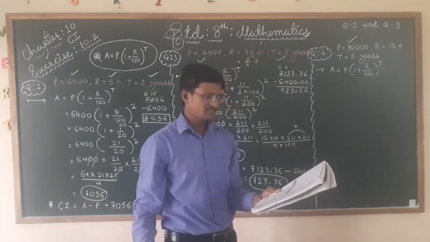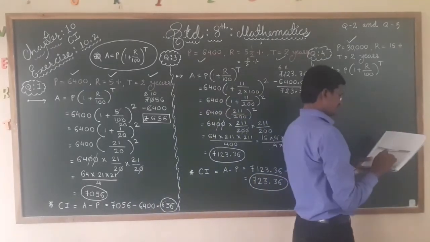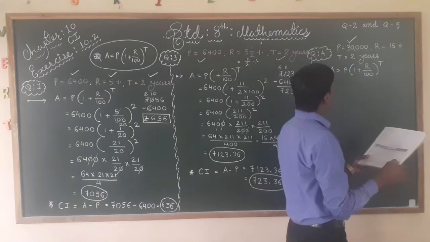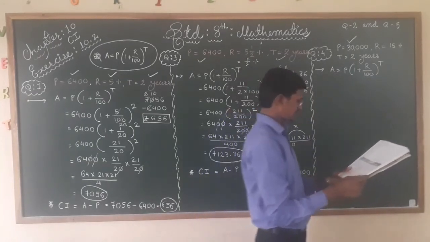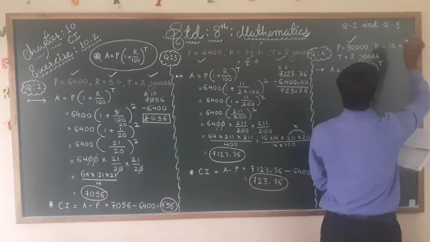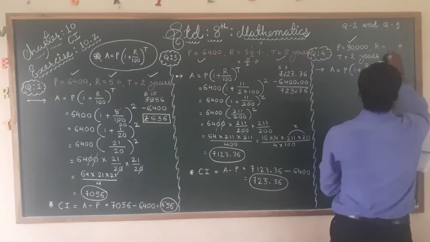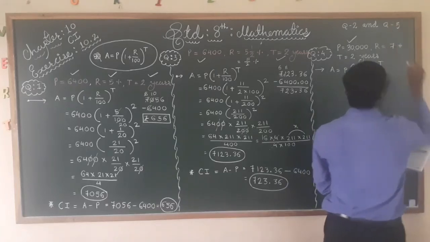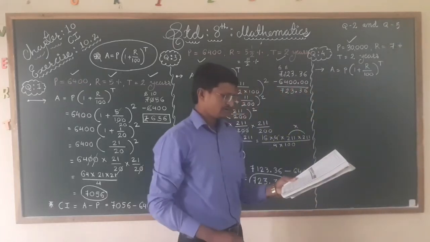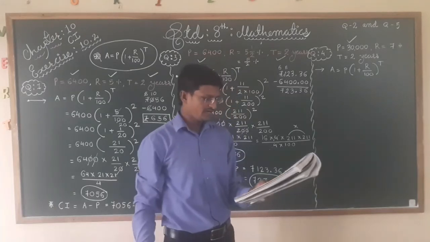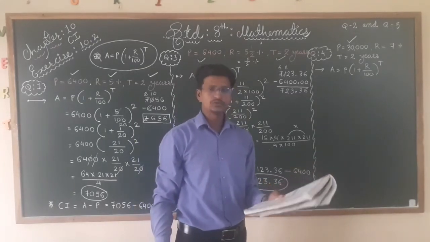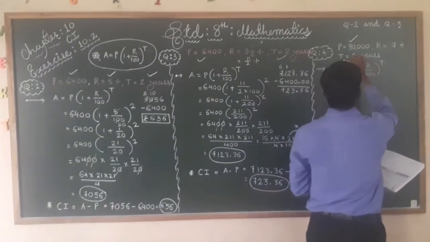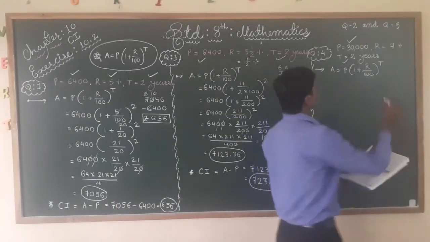If the rate of interest is 7%, rate of interest is 7%. Here it is mentioned 7%. So we will make correction here. So it is 7%. Annual, compound it annually. Calculate the amount I have to pay after 2 years, and term is given for 2 years.